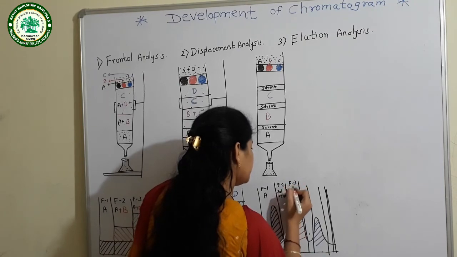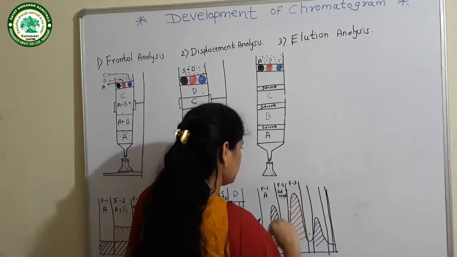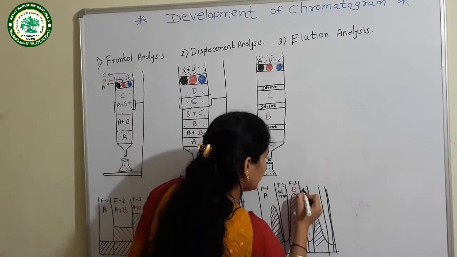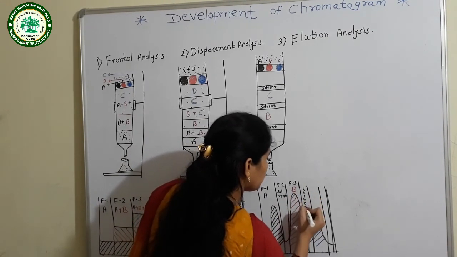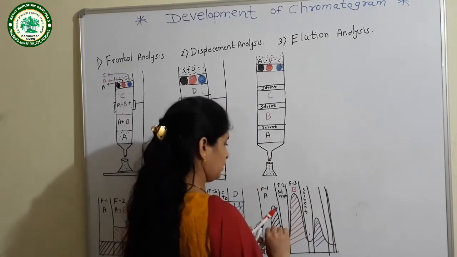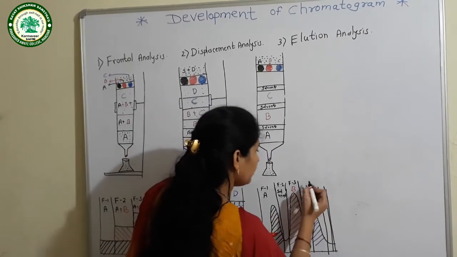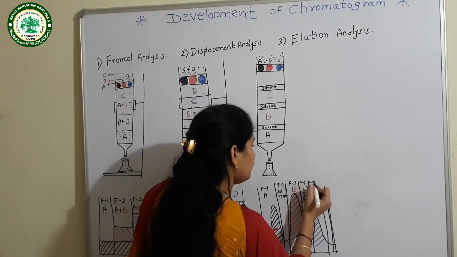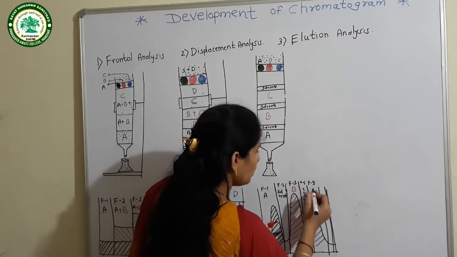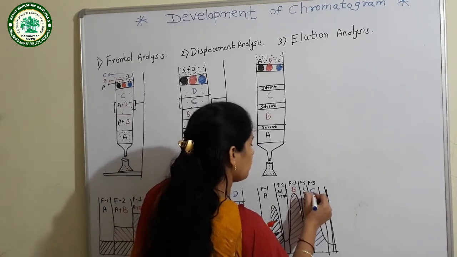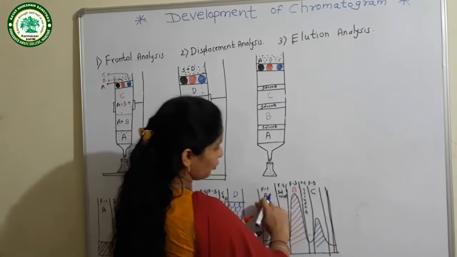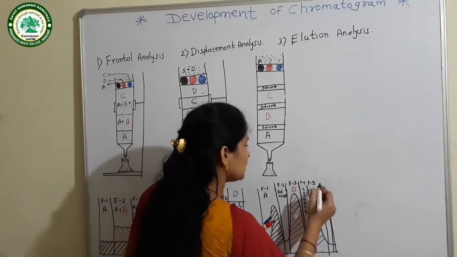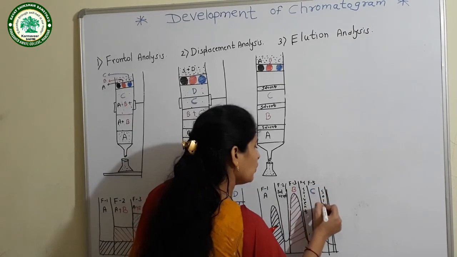This is F3, it is what? B. Again solvent will be eluted. Okay. After that we get another fraction. This is F4. Fifth fraction is of component C, pure component C. You can see here only A, here is B and here is C, and at the last again we get a solvent.